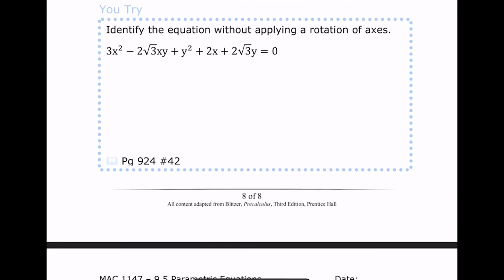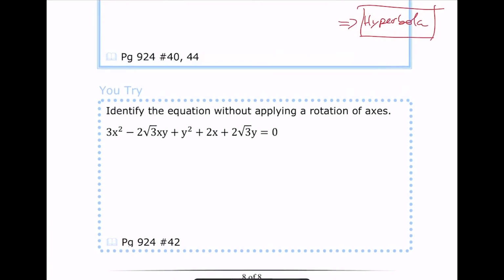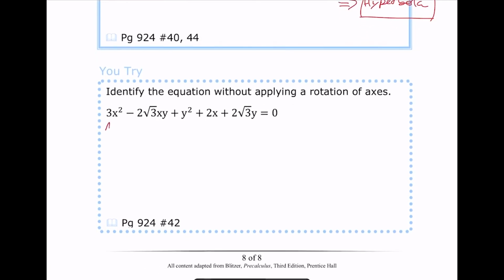Oh, we could do this last one. Our A value is 3, our B value is negative 2 root 3, our C value is a 1. So we've got b squared minus 4ac equals negative 2 root 3 squared, nice, minus 4 times 3 times 1.